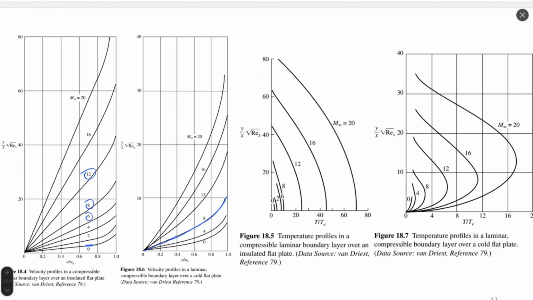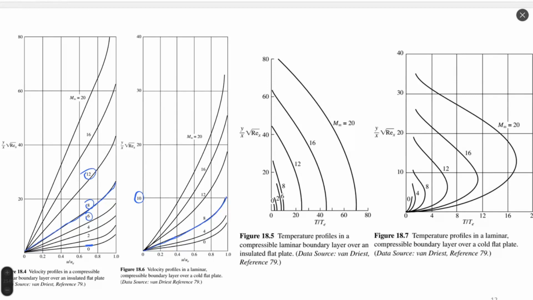We see that the thickness would be close to 10 for the cold plate, and for the case of the insulated plate, this thickness is more than 20, maybe 25, 30, more than 2 times different with respect to the cold plate.